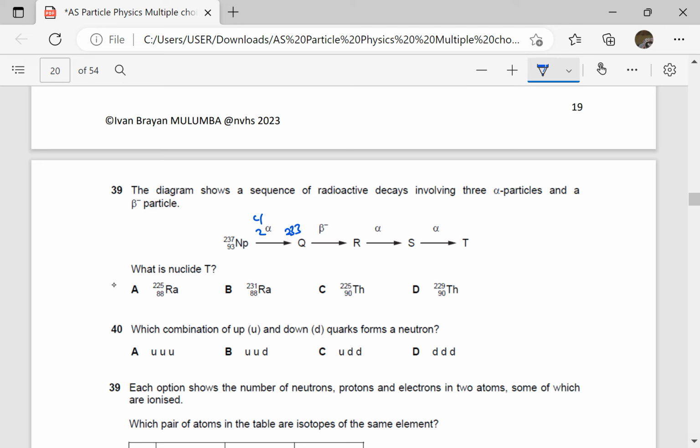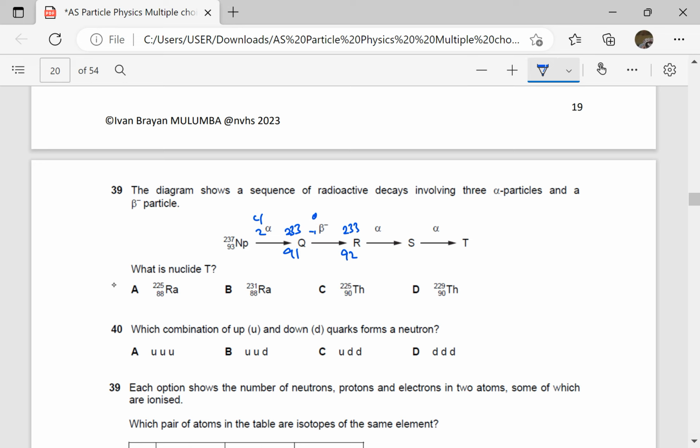Proton number reduces by 2, which is going to make this one 91. Beta minus is 0, negative 1. Proton number increases by 1, which makes this one 92, and nucleon number remains 233.